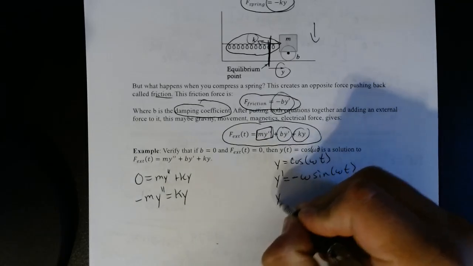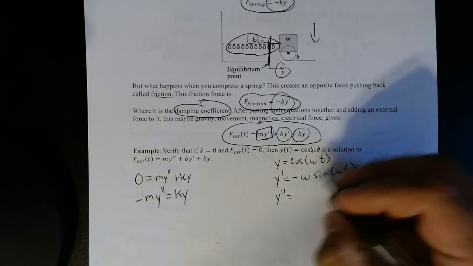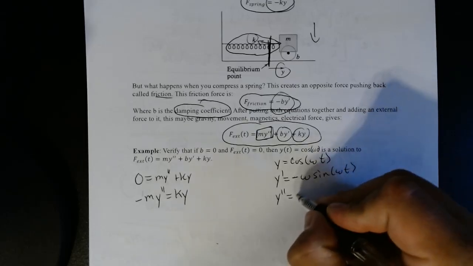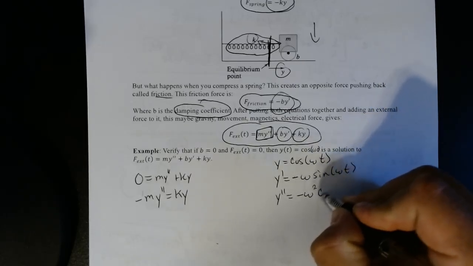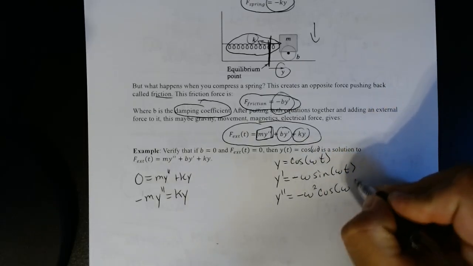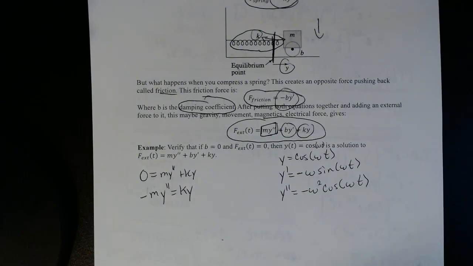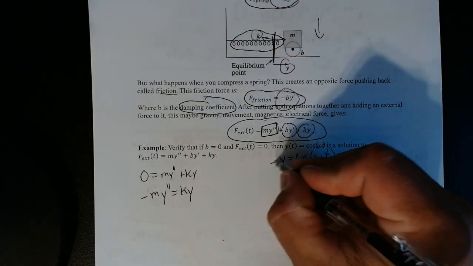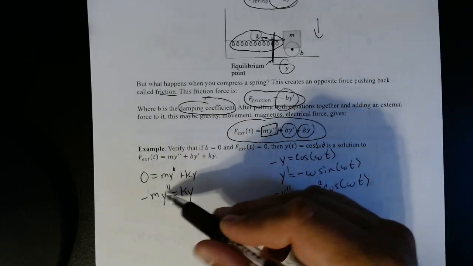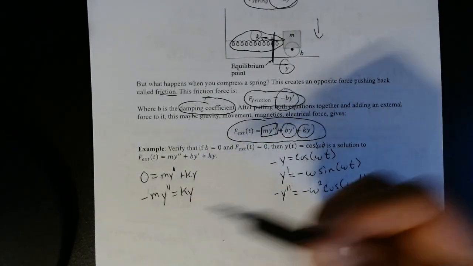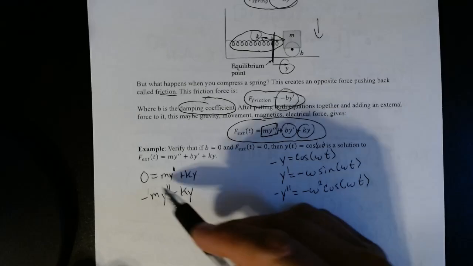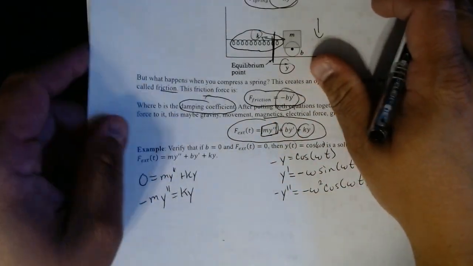Take the derivative one more time, basically the same thing. Now we want to verify if we plug in our y and y double prime into here, do we actually get the same thing back, right? Because it should be 0 or just equal each other.